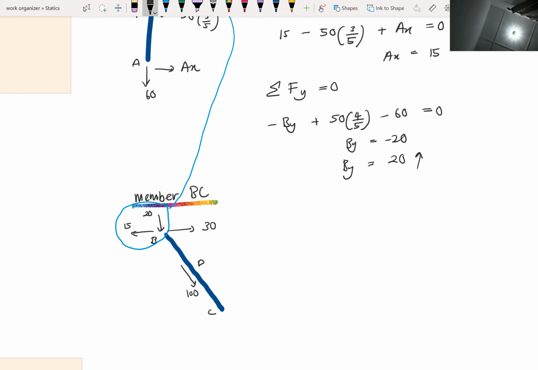Again, this is 4, this is 3, and then this is 5. This is the data. This is not necessary actually, but it's okay. And then we have Cx, we don't know yet, and then we have Cy, equal to 100.